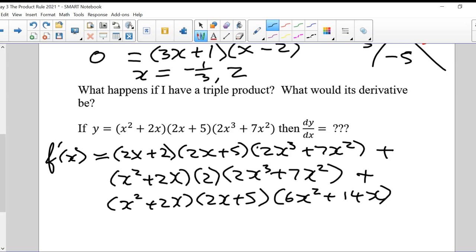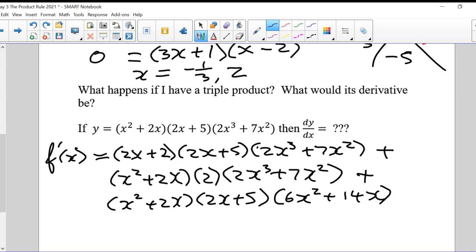So a triple product like this would end up with kind of a mess in a sense, right? Because now you have to take one term at a time and derive it and leave the other two underived, and keep doing that until you've derived one of each of them and leaving the others underived. So hopefully that process makes sense, right?